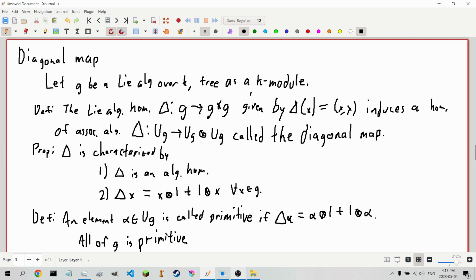Alright, so, proposition. This diagonal map is characterized by two conditions. First off, it's an algebra homomorphism.